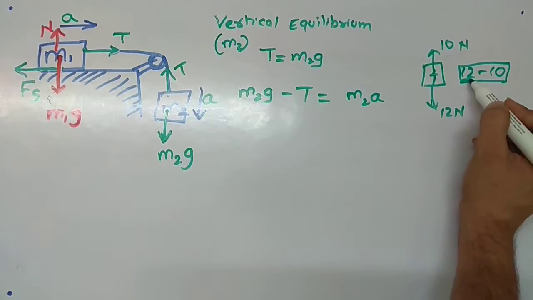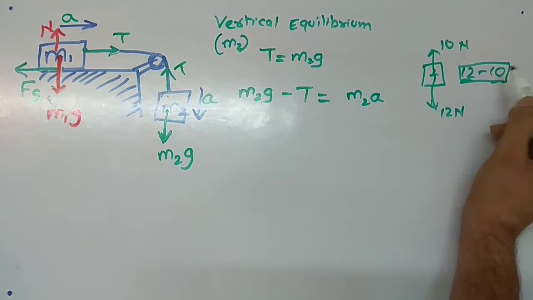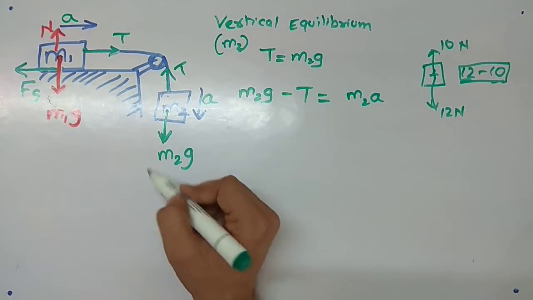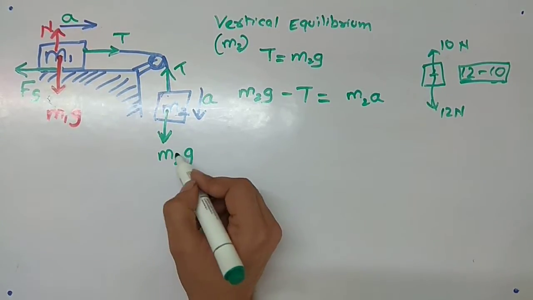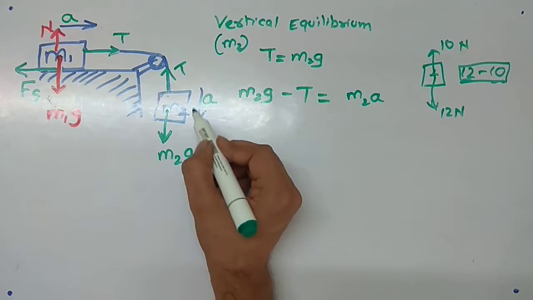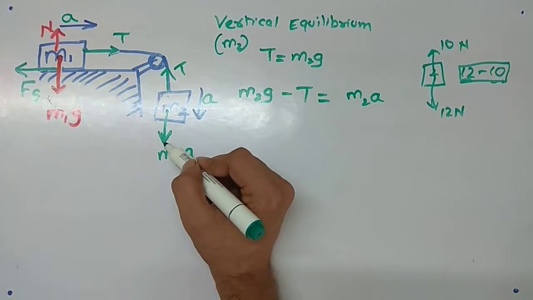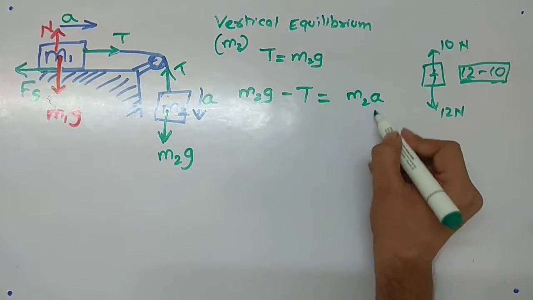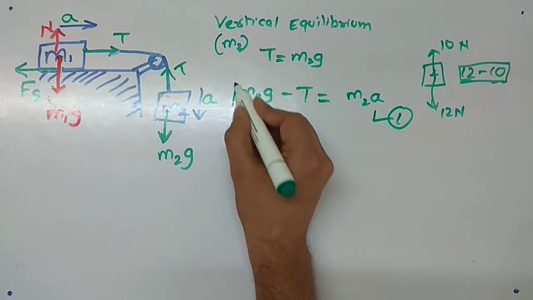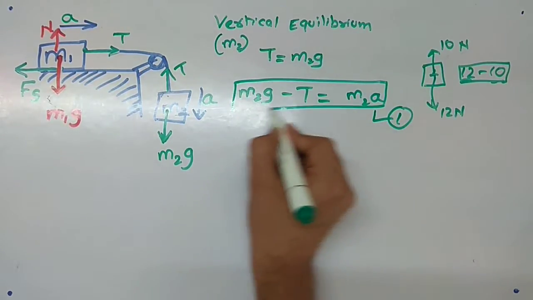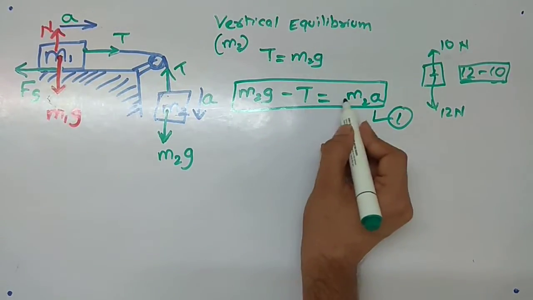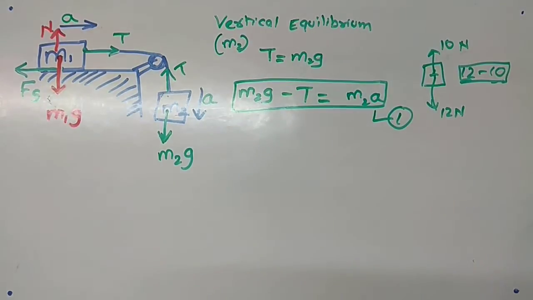So what is the basic condition here? The greater force minus the smaller force. Here the greater force is m2g, just because this object is moving downward, so the downward force should be greater. So this is your first equation, remember: m2g minus T equal to m2a.